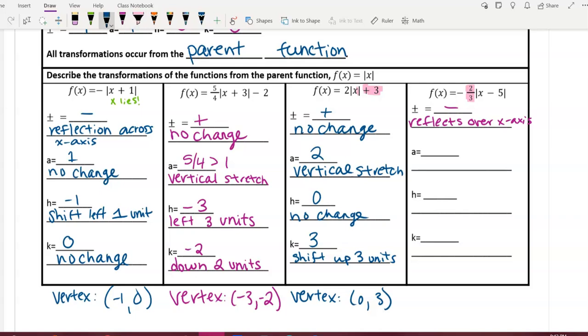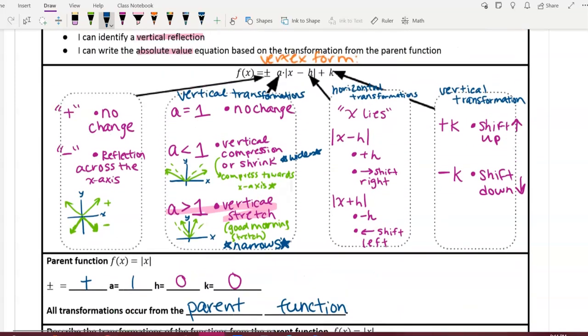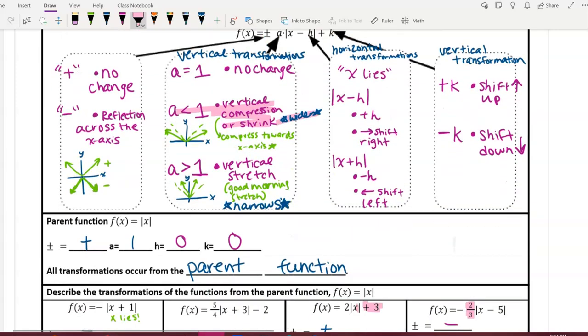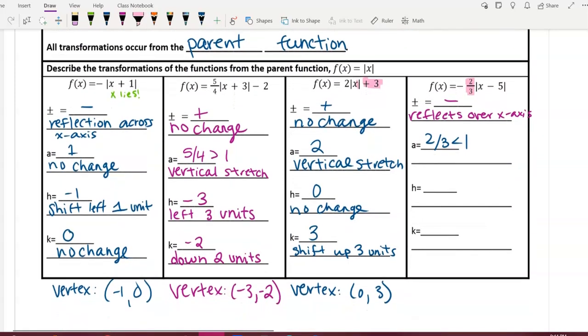And is 2 over 3 greater than or less than 1? It is less than 1. So because it is less than 1, we have a vertical compression or shrink, which means it's getting wider. So here we're going to say vertical compression.